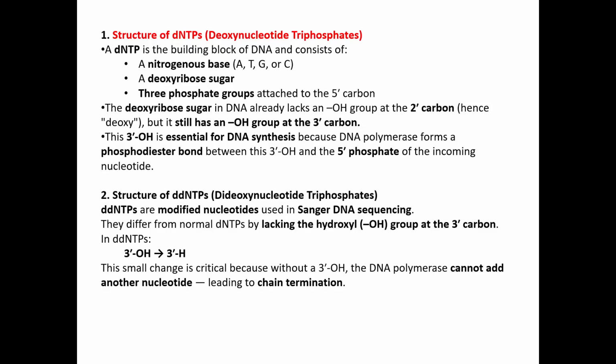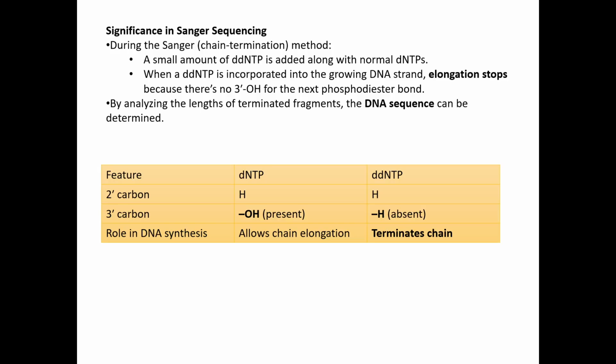The chain termination occurs. So if you add ddATP and it stops, that means the previously added base was A. And then next, if you add ddTTP and it stops, then the next base is T. And so on. So that is how he figured out how to sequence DNA.